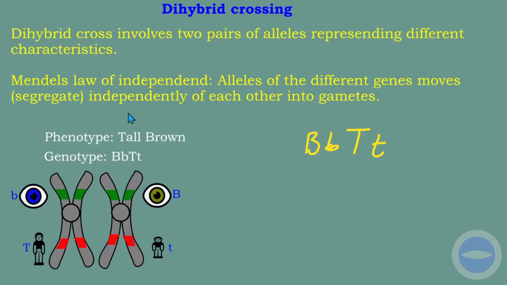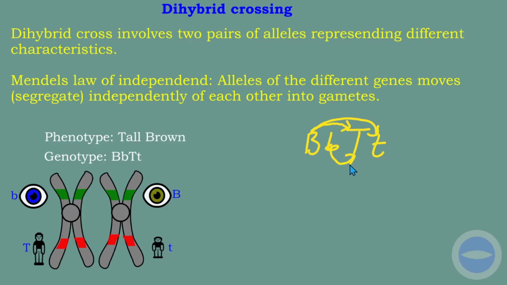So they are independently segregated. Like here, the gametes that we will have are B and T, and then B and t for recessive.